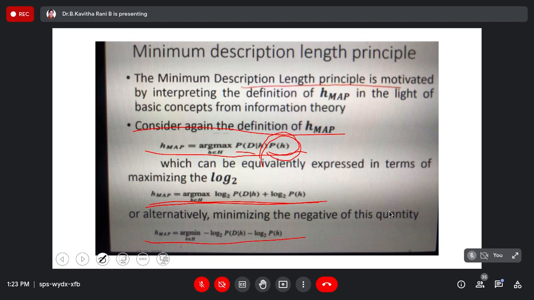So log అనేది అప్లై చేస్తాం మనం. When we are minimizing the data, we will be using the minus symbol and we will be applying log here. Maximize ఉన్నప్పుడు it will be positive, minimize యూజ్ చేసినప్పుడు నెగిటివ్ కి ట్రాన్స్ఫర్ అవుతుంది. So this is a formula.